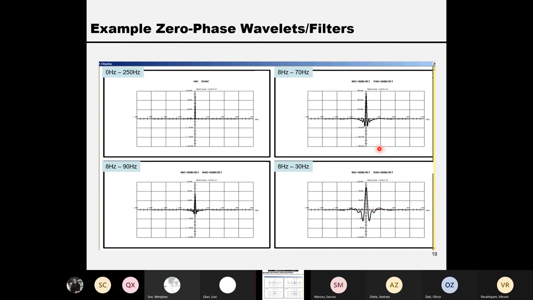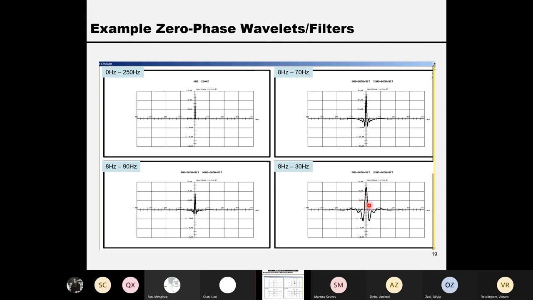Nevertheless, these four wavelets are zero phase because around time zero, positive and negative time, they are symmetrical, right? Because they are zero phase, we have not only positive time energy, but also energy before time zero. So they are acausal, right?